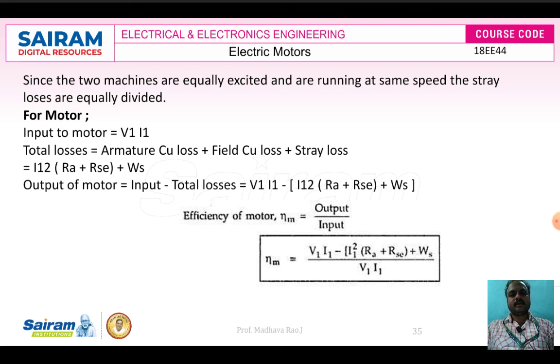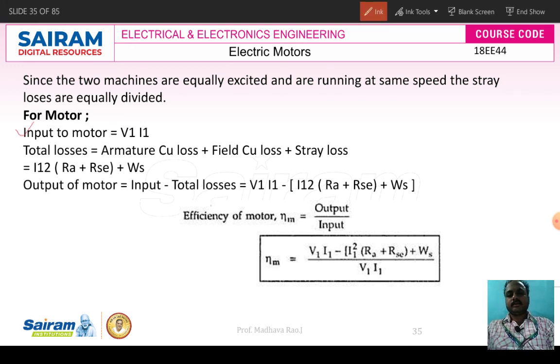The efficiency is output power by input power. So efficiency is (V1 I1 minus I1 square (Ra plus Rsc) minus Ws) by V1 I1. This is the efficiency of the motor.